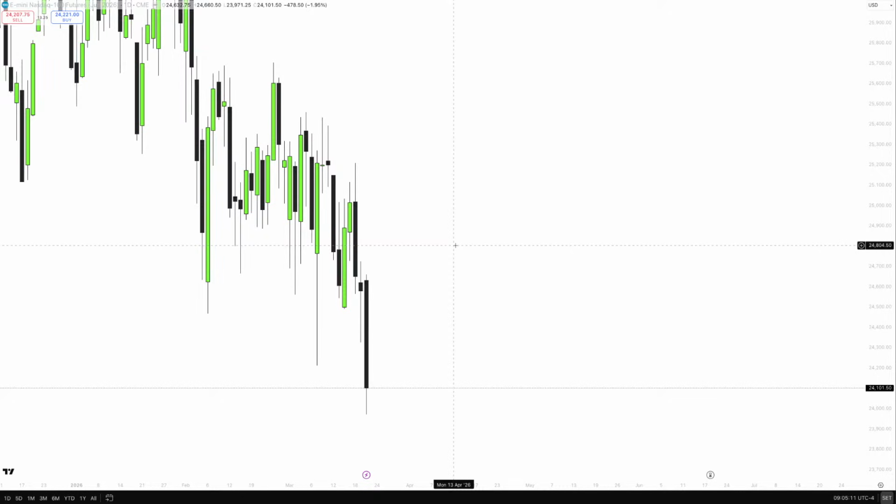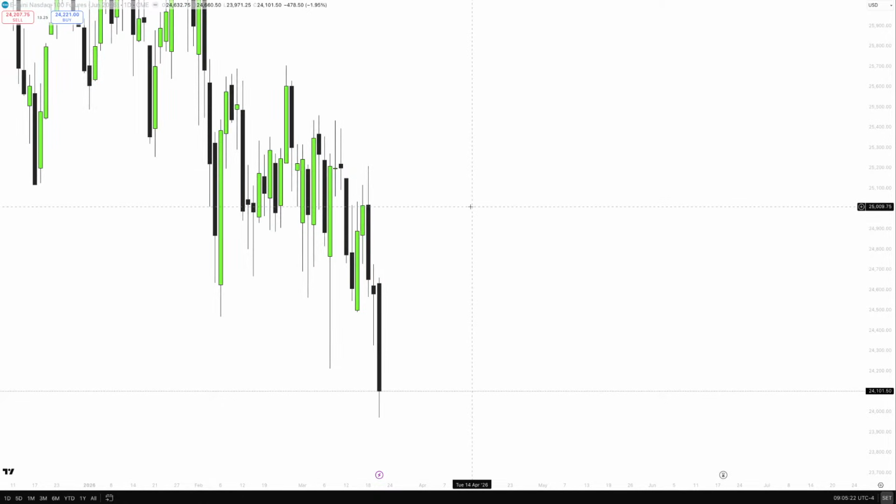First of all, I'm always starting on the higher time frames, and not only on NQ, on NASDAQ, but also on ES and YM. So I'm comparing all of the three indices because they are correlated markets, and I want to see if we have a crack in correlation between those markets or if they move in sync.